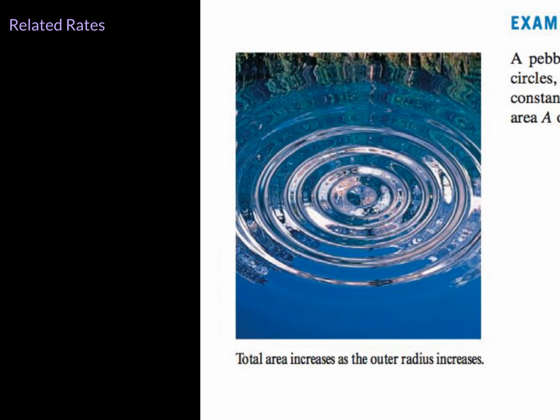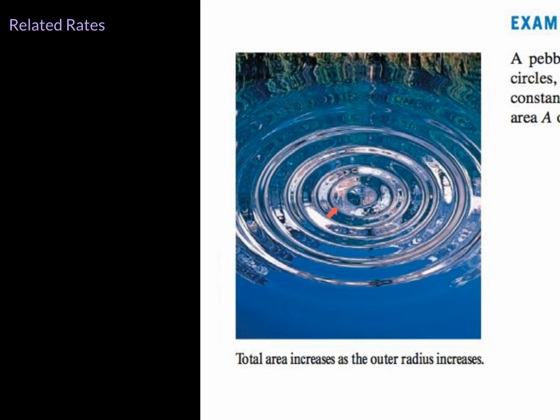Think about it. So these are called concentric circles. You drop a pebble in the pond, and then these concentric circles start emanating out from the center. They all share the same center, and what's increasing every second is the radius of these, right? The radius keeps growing every second. But not only is the radius growing per second, but think about this.